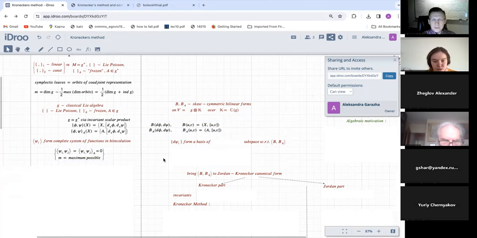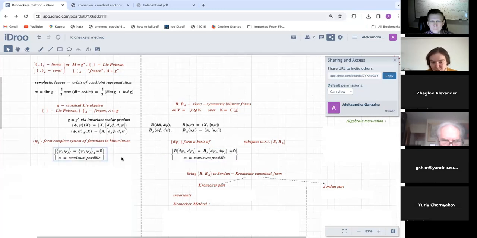And now we want to understand what these two conditions mean in terms of this linear algebra. If two functions are in bi-involution, it means that their differentials give 0 when we put them in both skew-symmetric bilinear forms.